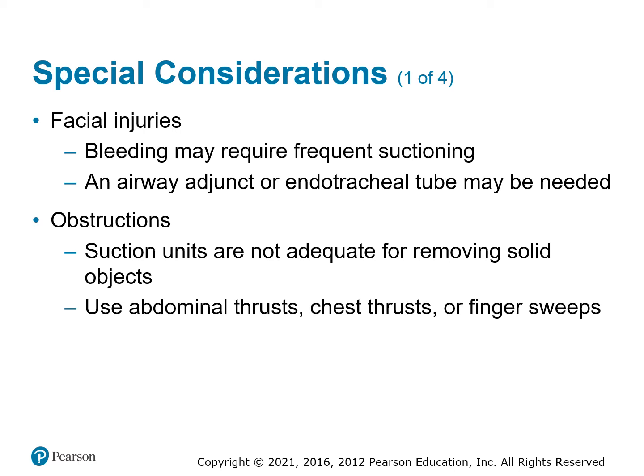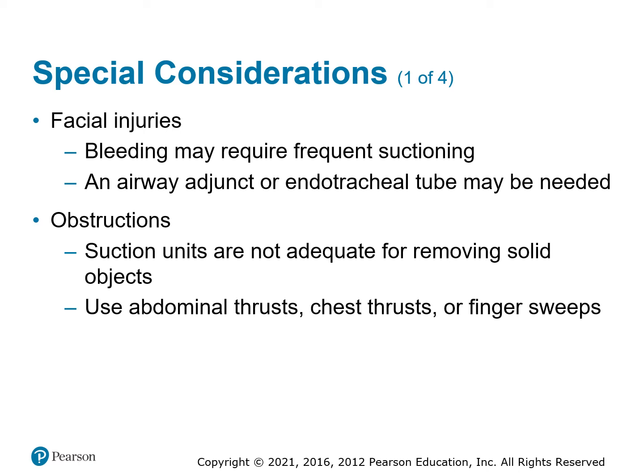An airway adjunct such as an NPA, an OPA, or a King airway may be needed. If we cannot maintain that airway and we have paramedics or intermediates available to us, an endotracheal tube may be inserted.